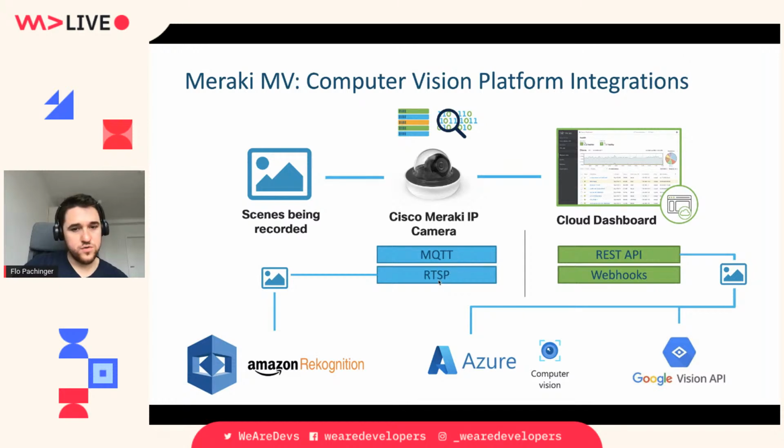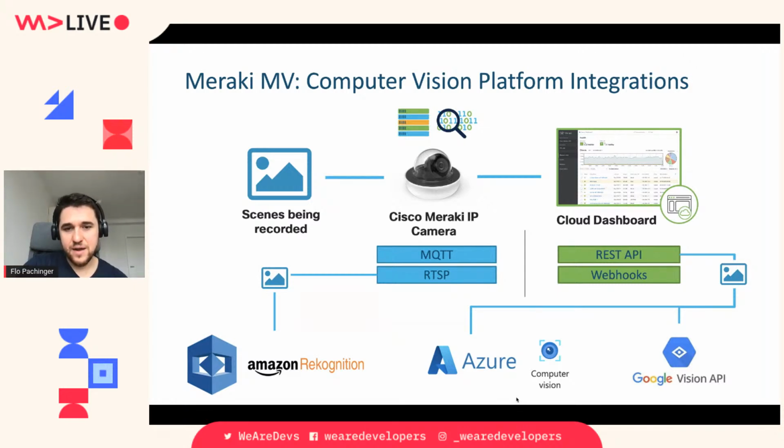You can also, of course, do it immediately via RTSP, the Real Time Streaming Protocol, where every time something is happening you send the data via Amazon Rekognition. Or you can do it via the REST API and webhooks to Azure Computer Vision or the Google Vision API. So you can see definitely a lot is going on.